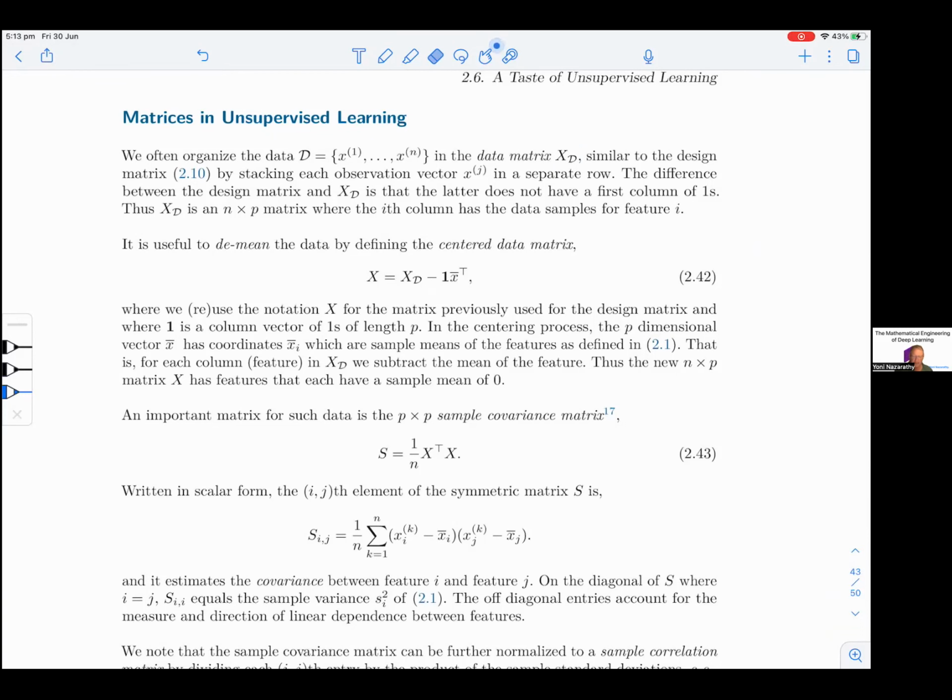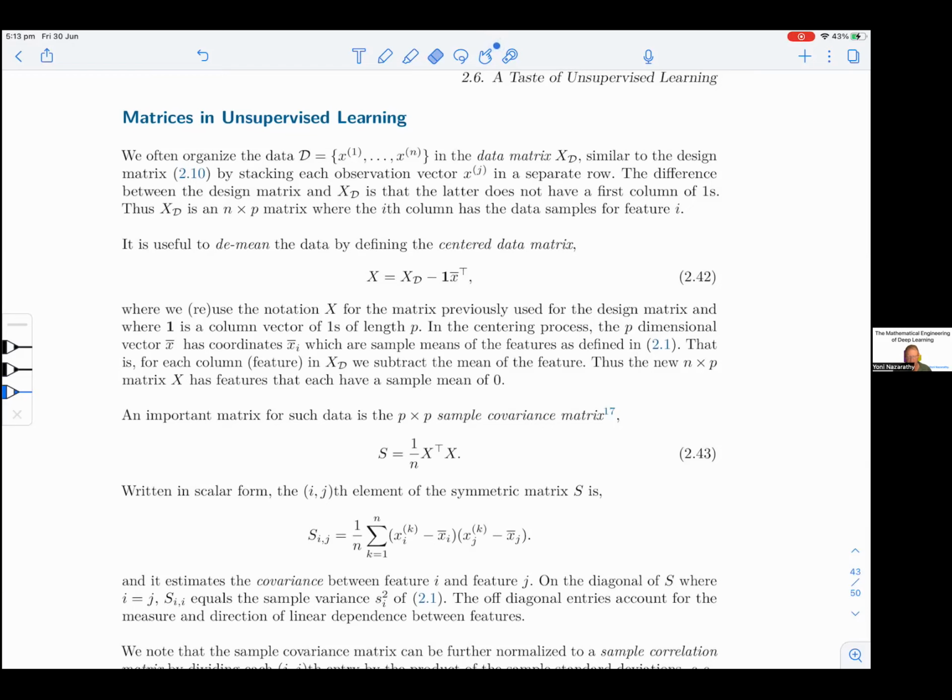Thus, XD is an n by p matrix, where the ith column has the data samples for feature i. It is useful to demean the data by defining the centered data matrix, similar to the standardization we've done before.